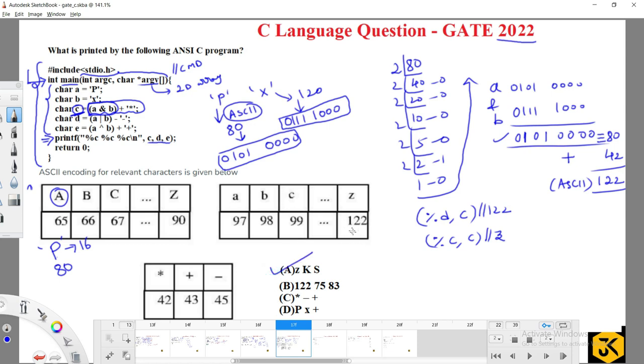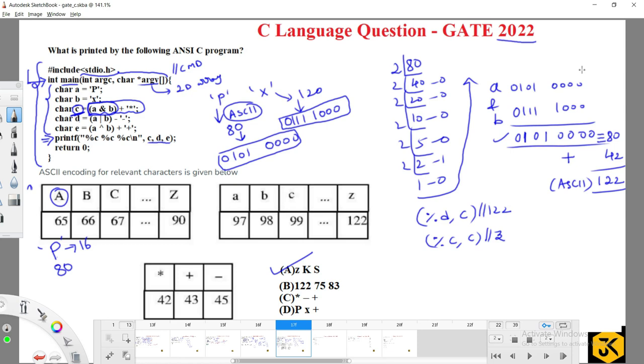Okay, let us try to solve the remaining also. The next expression is A or B, instead of the AND operation. This is the bitwise OR operation, where the result is false only when both are false.